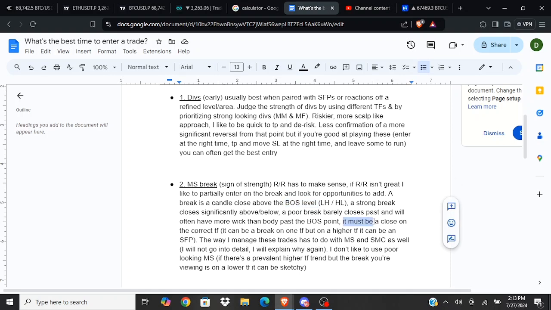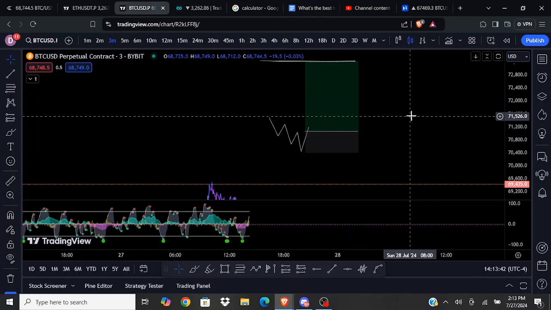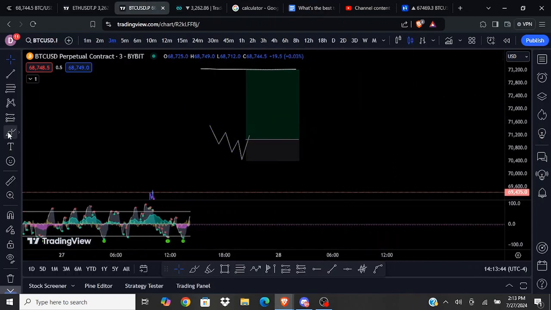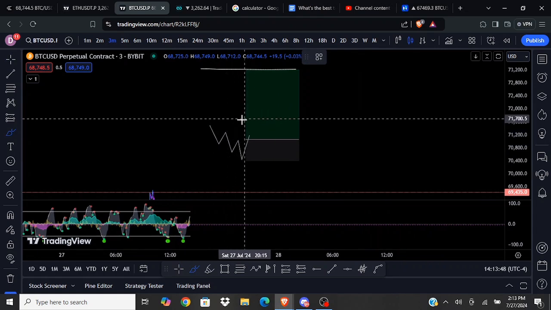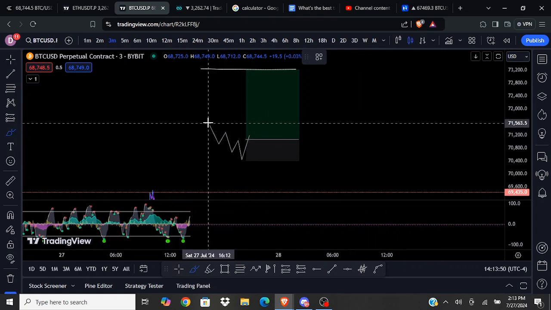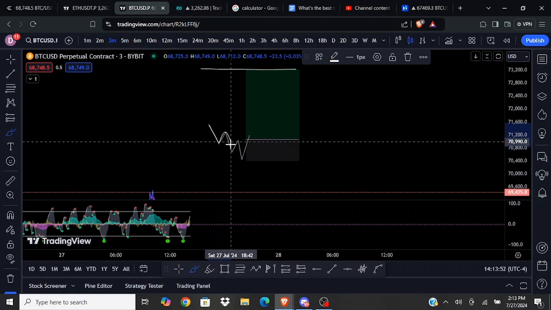And another important point, it must be a close on the correct time frame. It can be a break on one time frame, but on a higher time frame, it can be an SFP. So it is very important to make sure that you're viewing it on the correct time frame. And that is yet again something I'm not going to go into detail with, but to lay it out very simply, if you're looking at a trend, you want to be able to view the swings of the trend very clearly.